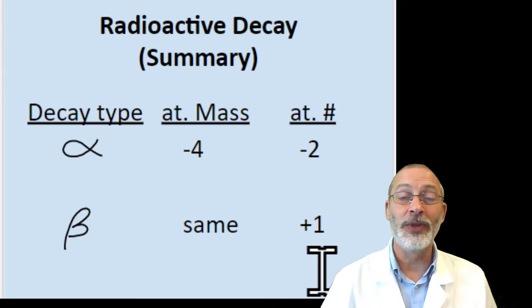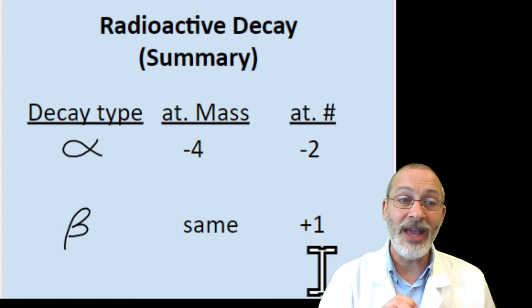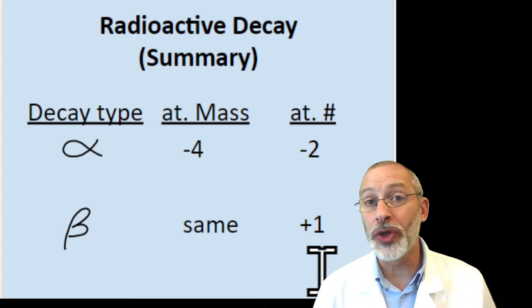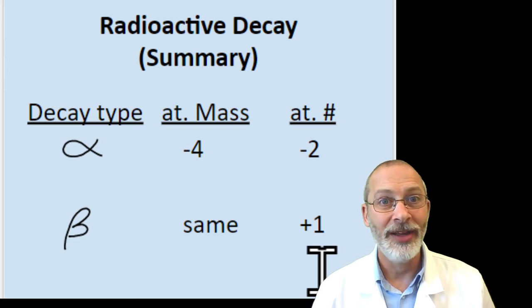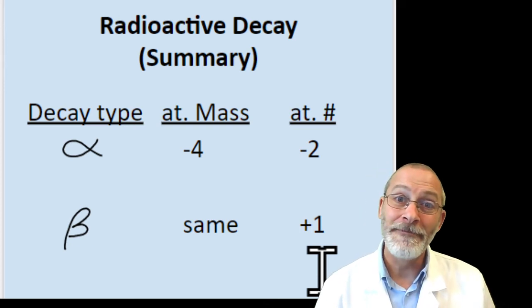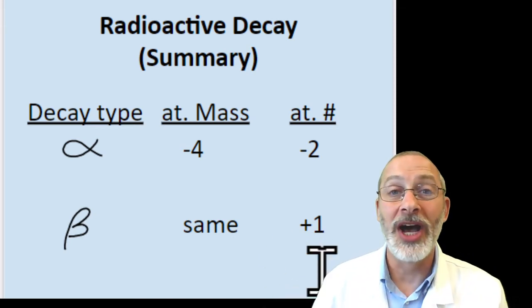Check out what happens with the atomic number. Again, beta decay, you're losing a neutron, so that doesn't affect the atomic number at all. But that neutron is turning into a proton.